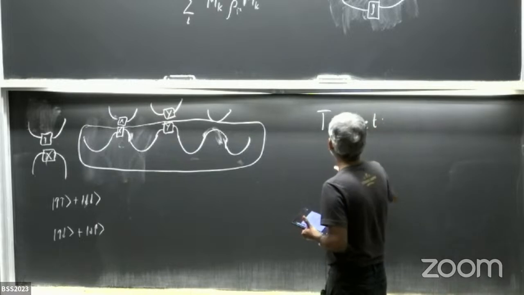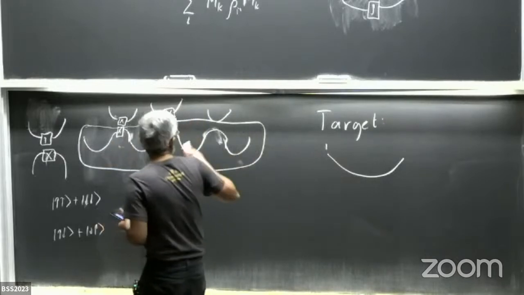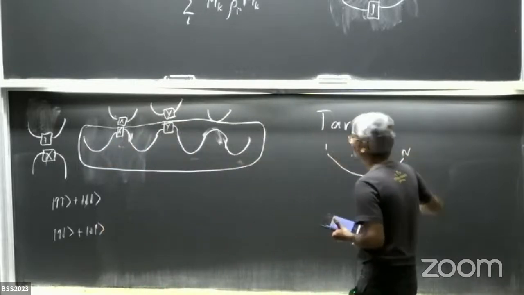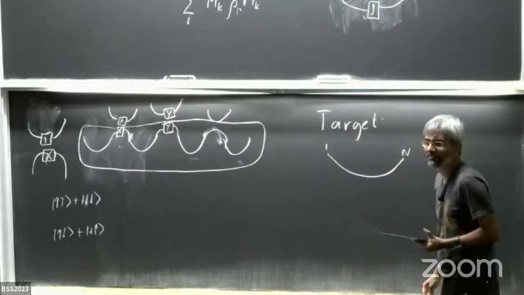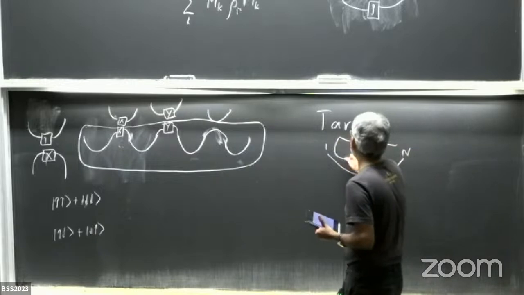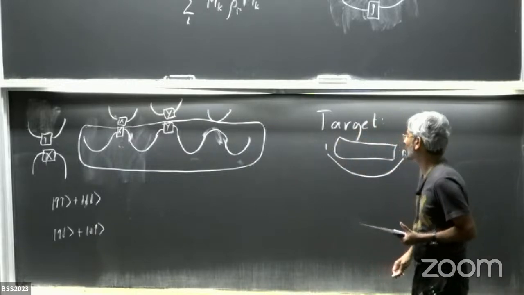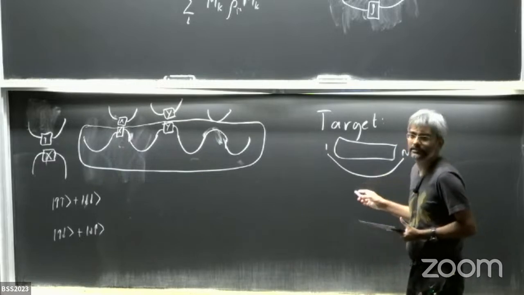Let's say the target is to create a state that's a Bell pair between, how many qubits do I have here, call it n. This is the state I want to generate, and maybe I don't care about the stuff I leave in the middle because it's junk. So this is what I want to create.